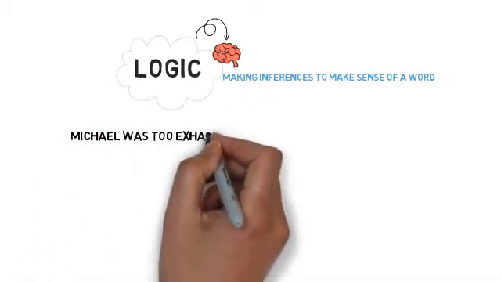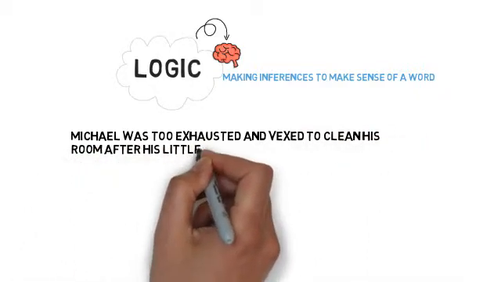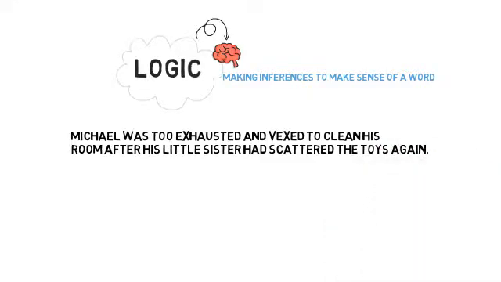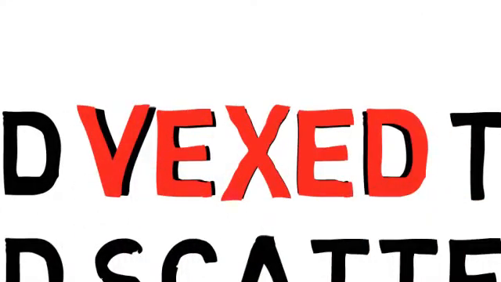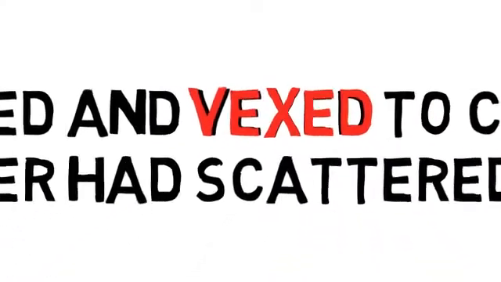Let's look at this example. Michael was too exhausted and vexed to clean his room after his little sister had scattered the toys again. The unfamiliar word in this sentence is vexed. We have to use the surrounding information within the sentence to figure out what this word might mean.